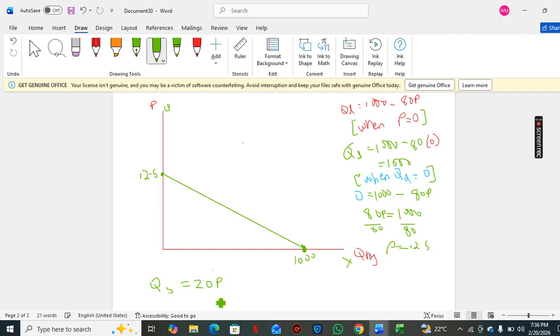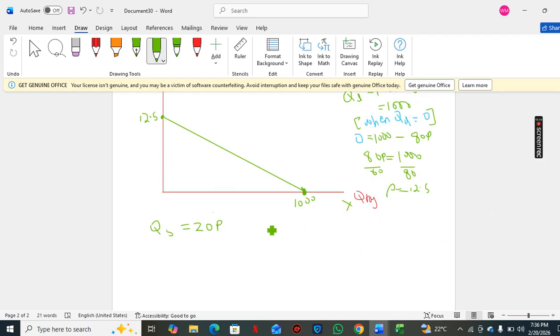So we find out when QS equals 0, what is P? 0 equals 20P.